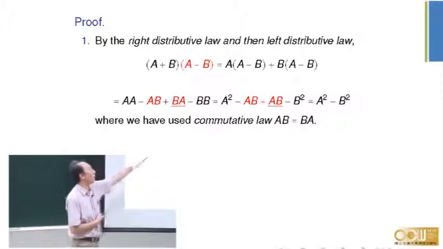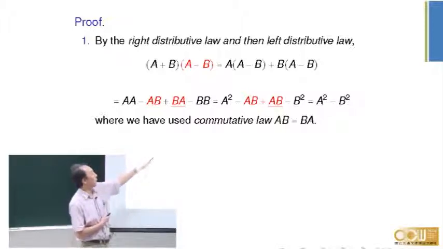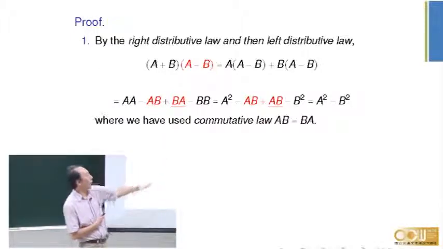Treating this one as a whole, we multiply them, which becomes a times the quantity a minus b plus b times the quantity a minus b.